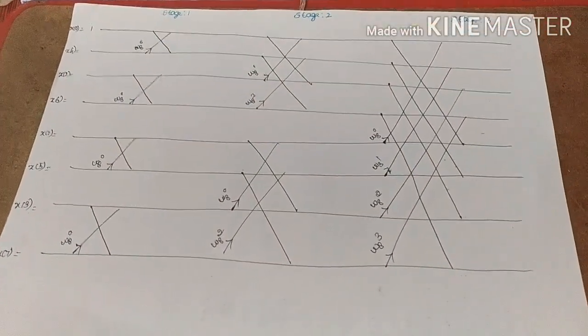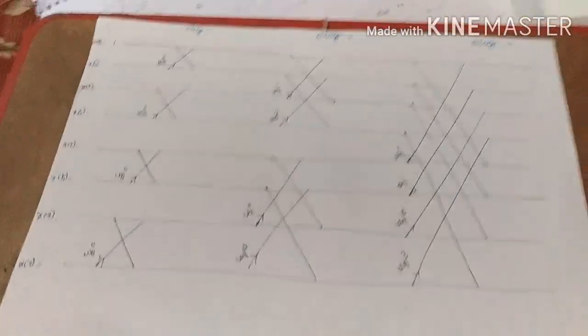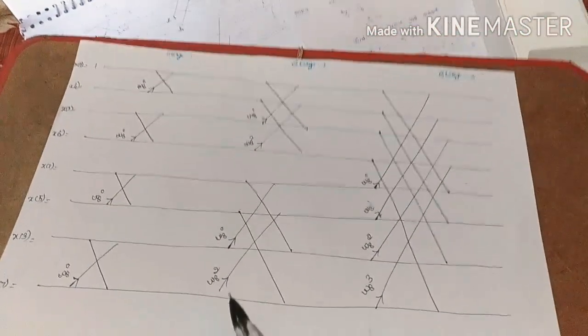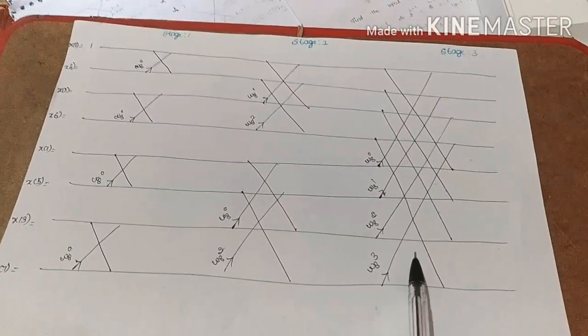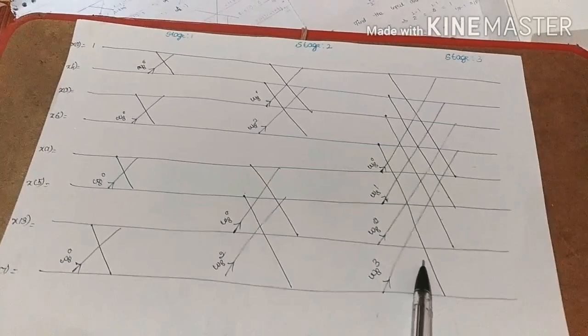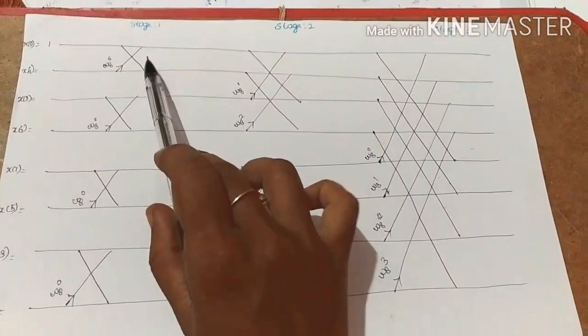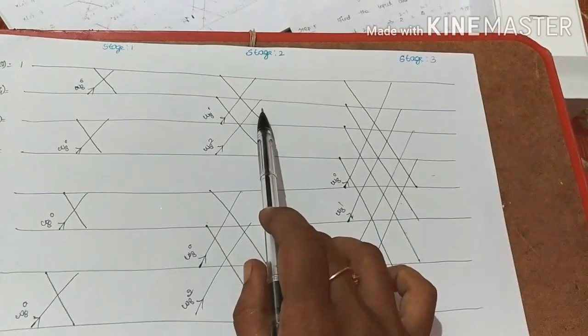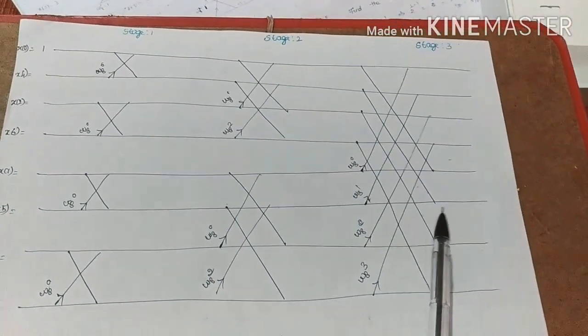For this problem we have 3 stages. Stage number 1 for the DIT structure is this. For stage number 2 we use this structure, and stage number 3 we use this structure. So when doing the DIT problem, in the first stage we connect 2 lines, in the second stage we connect 4 lines, in the third stage we connect 8 lines.